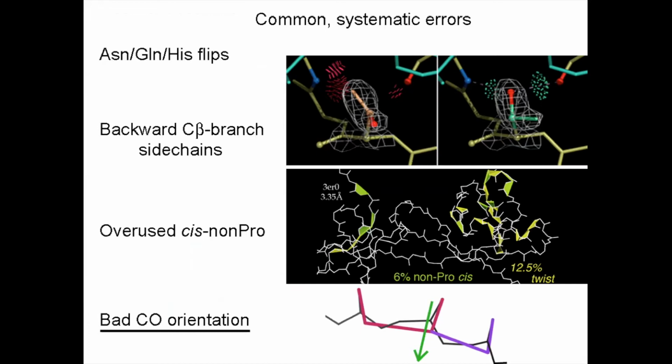If you figure out how to flag that and particularly how to fix it, then that really has a lot of leverage on improving the structures. And the flips, the backward C-beta branch side chains and clashes and hydrogen bonds, and we'll briefly mention cis-non-prolines, and then actually say a good deal about this KBLAM tool, which looks for incorrect carbonyl directions.